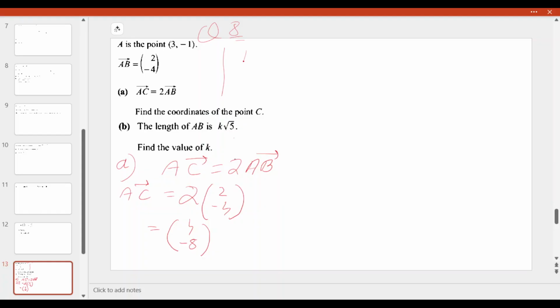Another important point to note is that we can write the vector AC as OC minus OA.